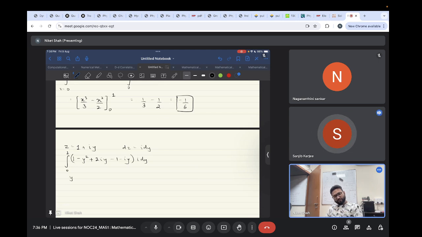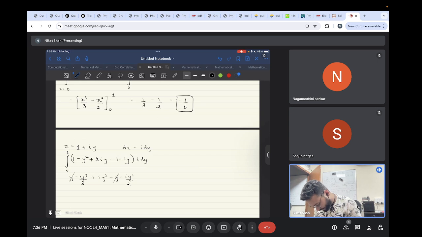Okay. y minus y cube by 3 plus i y square by 2 minus y minus i y square by 2. Actually, for this one, there is no divided by 2. This is it.